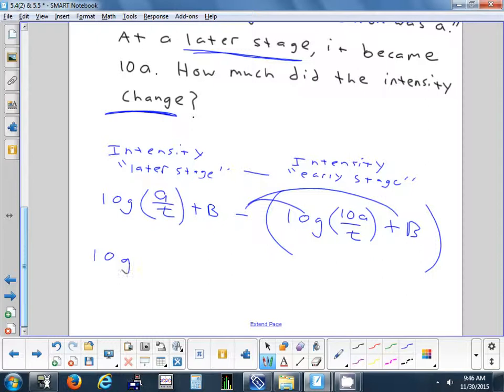The first part just stays the same. Okay. The second part is going to become minus log 10a over t, and then minus b. Okay. What's going to happen on this line?